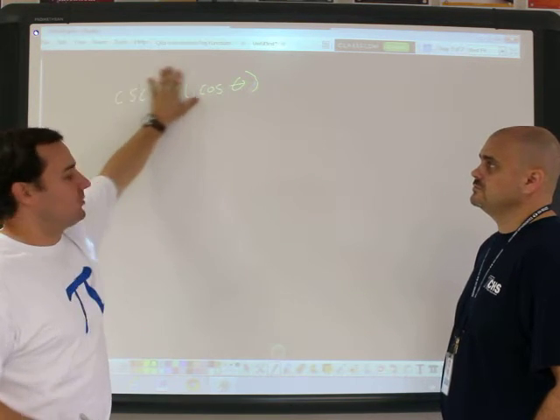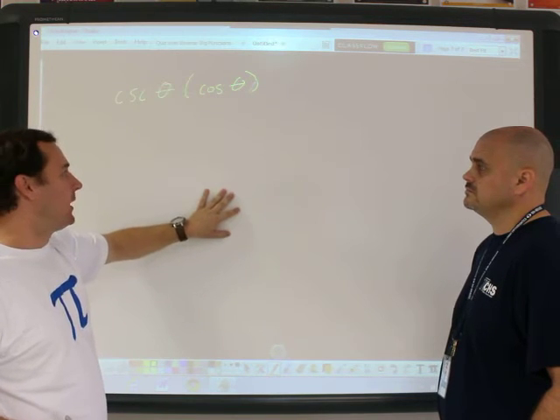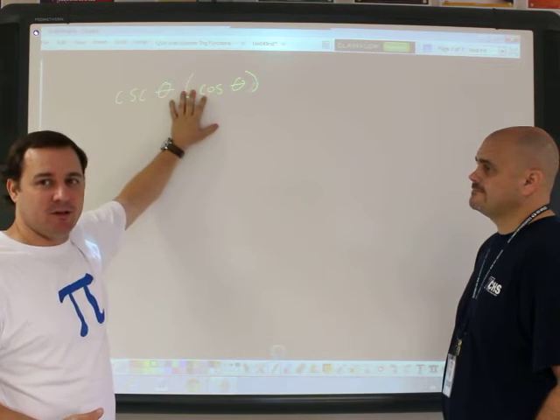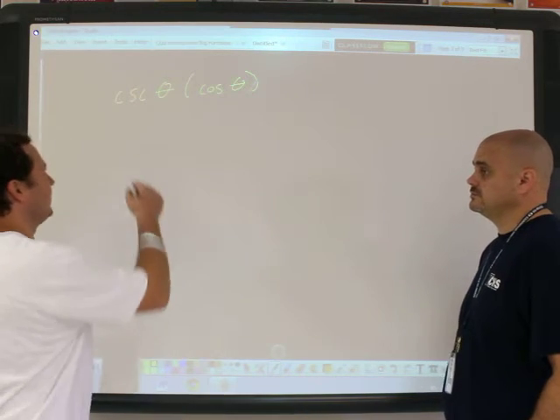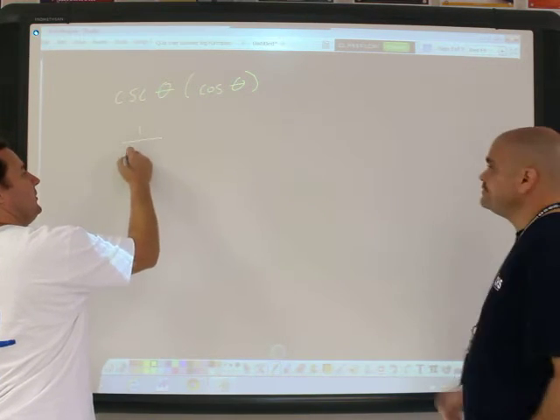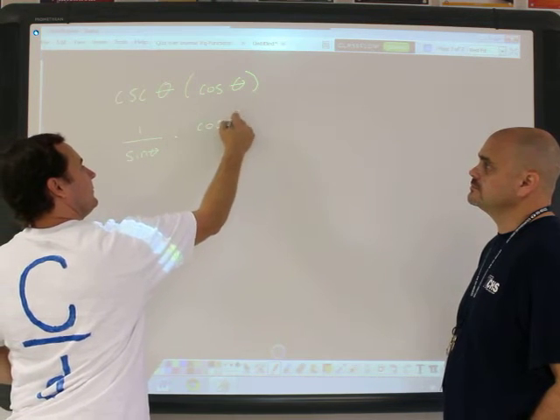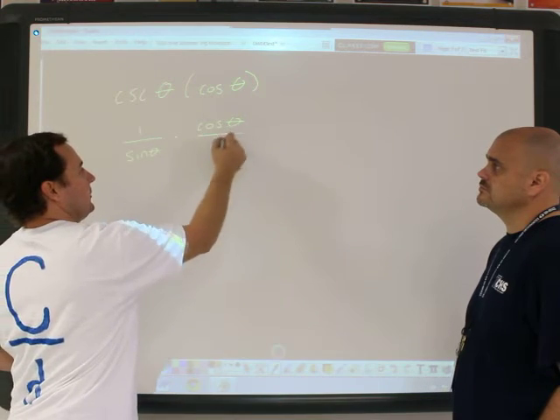When we've got these large expressions that we want to simplify, a good starting point is to express everything in terms of sine and cosine, if you don't see anything else that's obvious to you. So cosecant is 1 over sine, and that cosine is over 1.